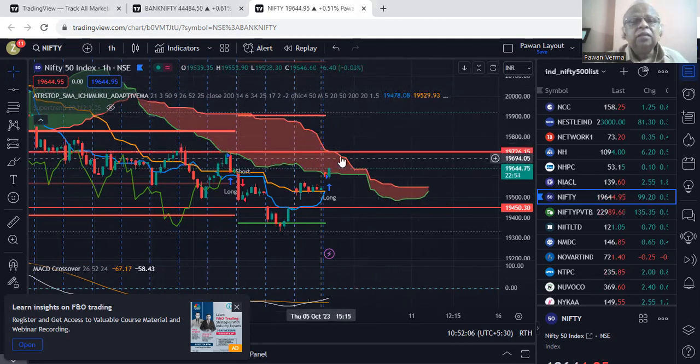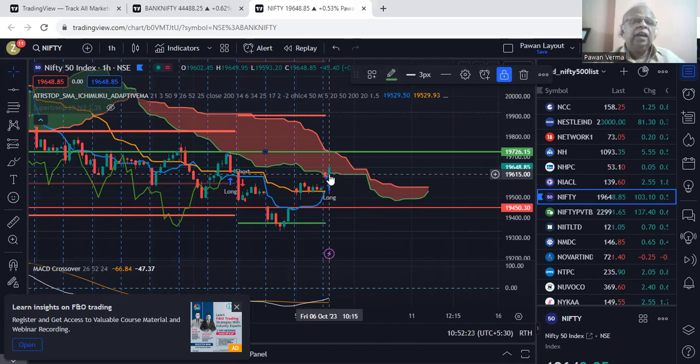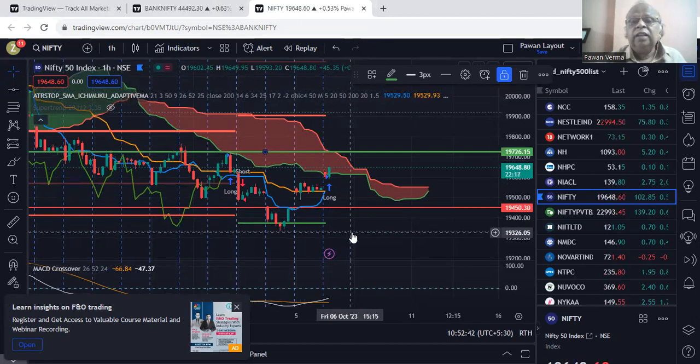This is the first target, because if the rally starts from this candle, the first resistance will be seen at the cloud. At cloud, we will observe the first resistance. So friends, this is the first target, and that target is 19,726.